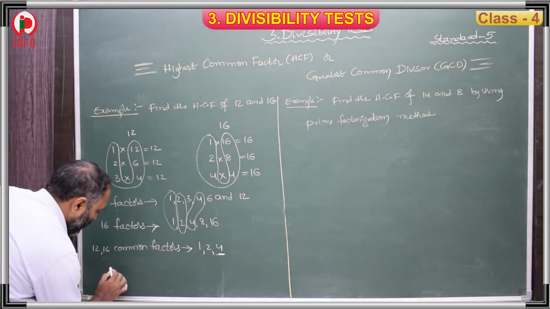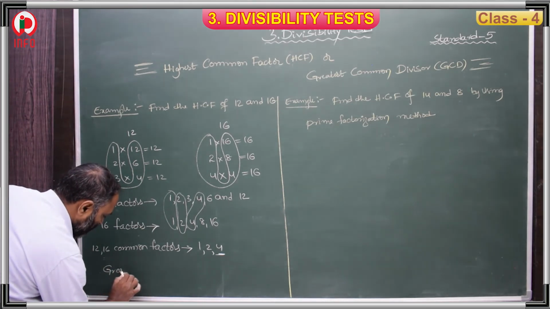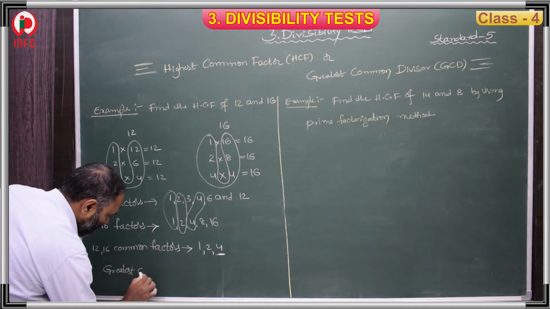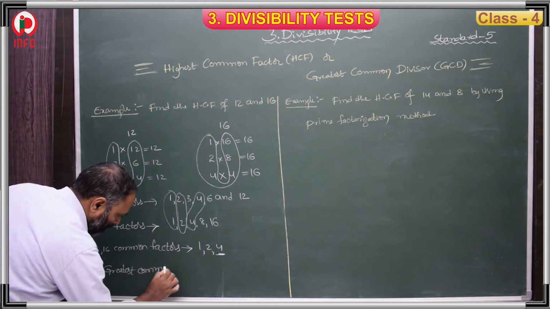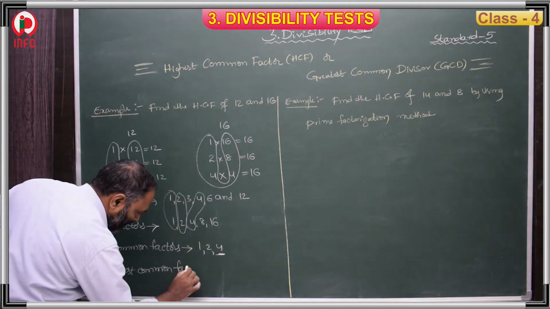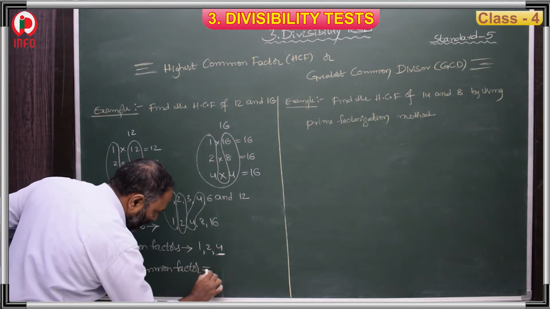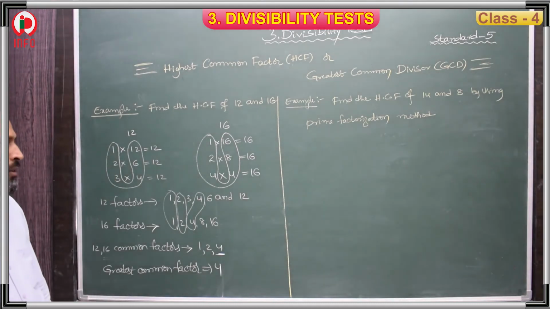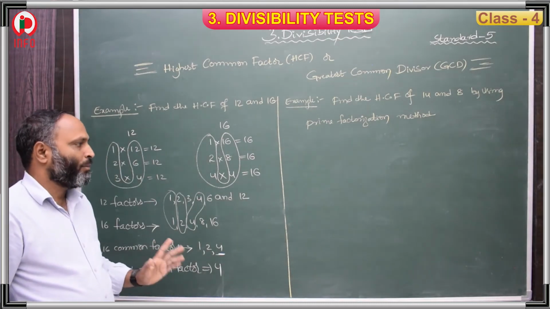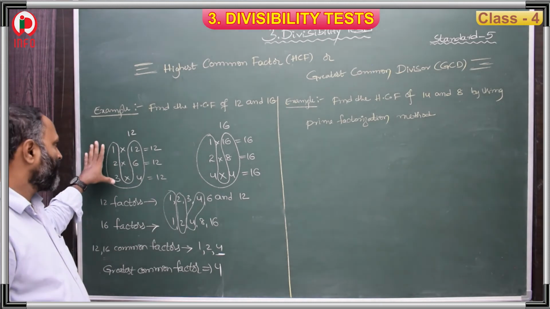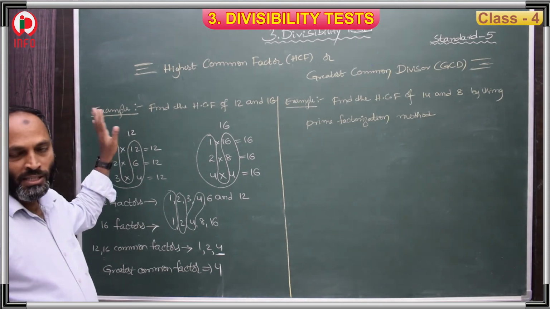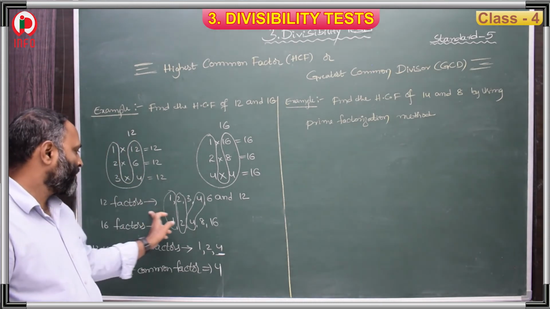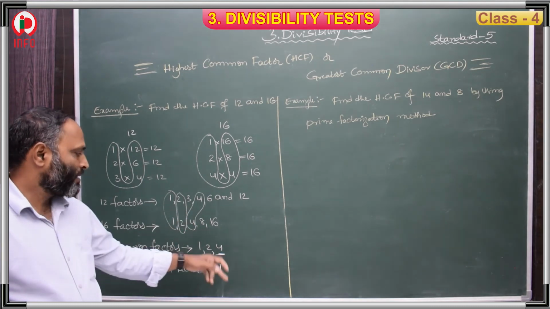Now, greatest common factor. What is the greatest common factor? This 4 is the greatest common factor. Whenever they ask for common factors, first we have to write all the factors of the given numbers: all factors of 12 and all factors of 16.